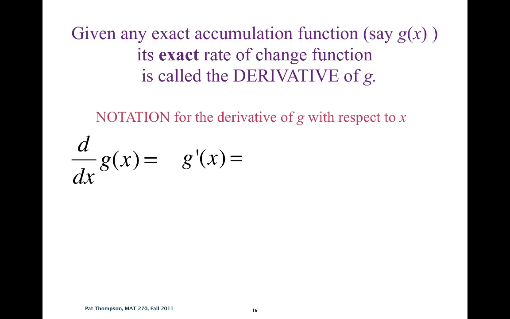This also means the derivative, the exact rate of change function for g. And we said that this is the definition of it. It's going to be our difference quotient, our trusted form, and then with h essentially 0, or the limit as h gets really close to 0.